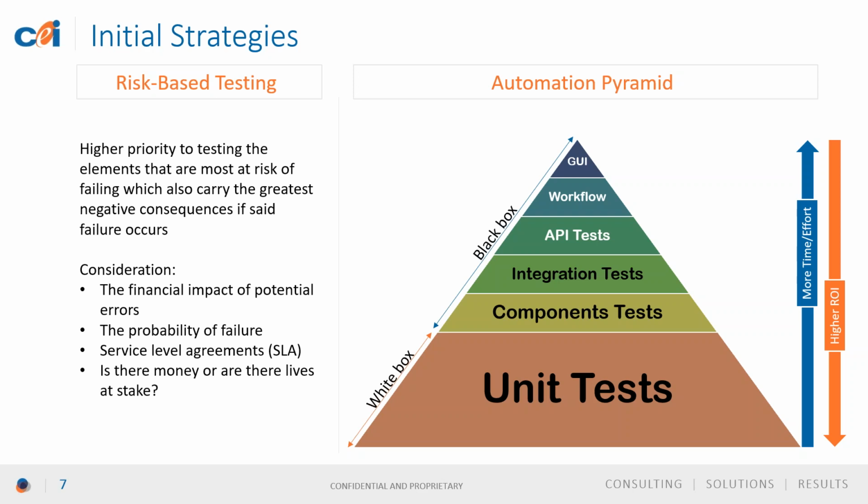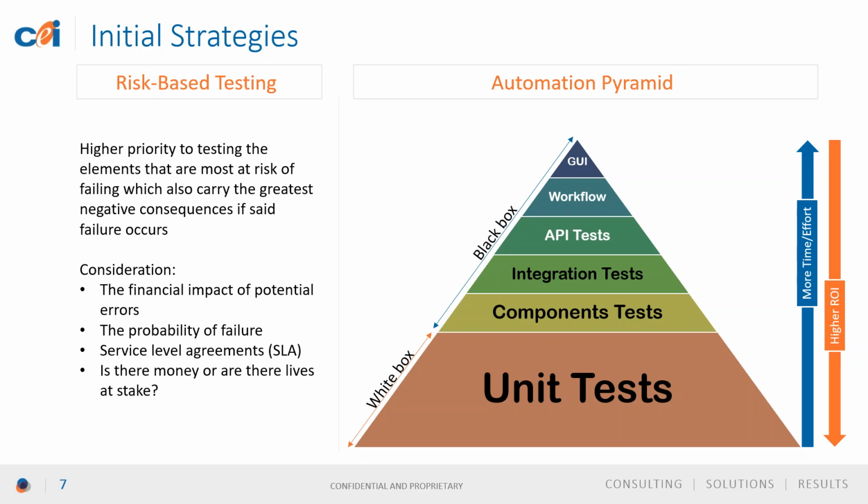Risk-based testing gives higher priority to testing the elements that are most at risk of failing, which also carry the greatest negative consequences if such a failure occurs. A few items that should be taken into consideration are functionalities or scenarios that may cause financial impact because of potential errors, analyzing the probability of failure in critical functionalities, and key items defined in service level agreements.